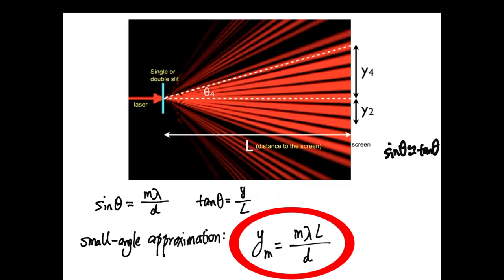The small angle approximation enables us to set these two equations equal to each other. Doing that and solving for y gives Y_m equals m lambda L over d, the distance from the center of the pattern to the m-th bright spot.